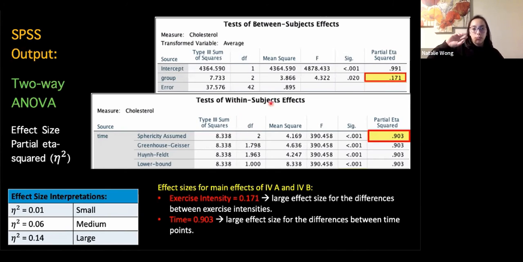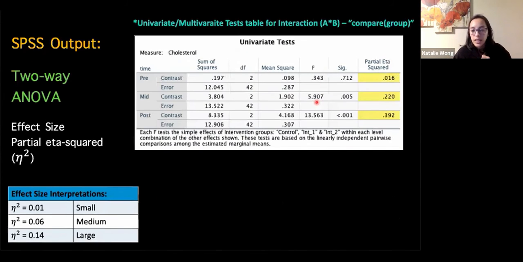Remember that you can pull the effect sizes from these main ANOVA tables for each of the independent variables, but for the interaction effect, you have to consult either the multivariate or univariate tables that are underneath the pairwise comparisons. And unfortunately, in mixed ANOVAs, you're going to get both a univariate as well as a multivariate table. It just depends on which comparison you're looking at first.